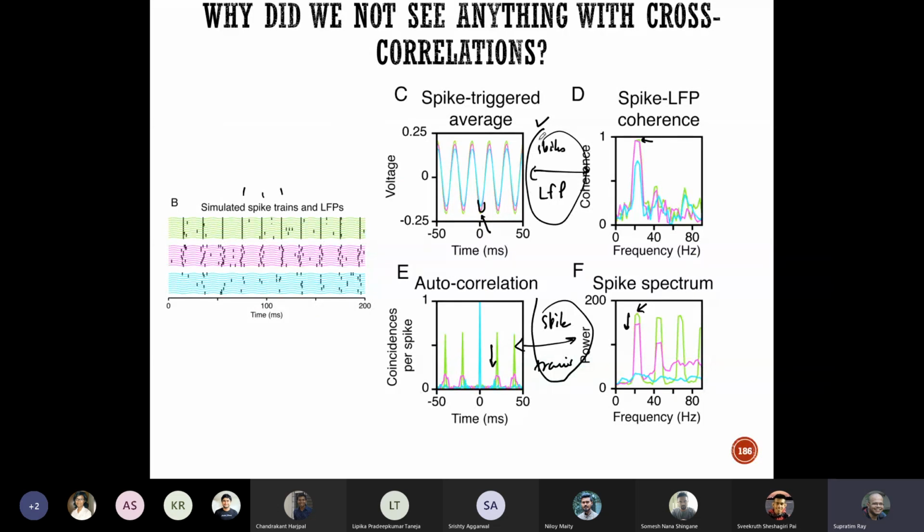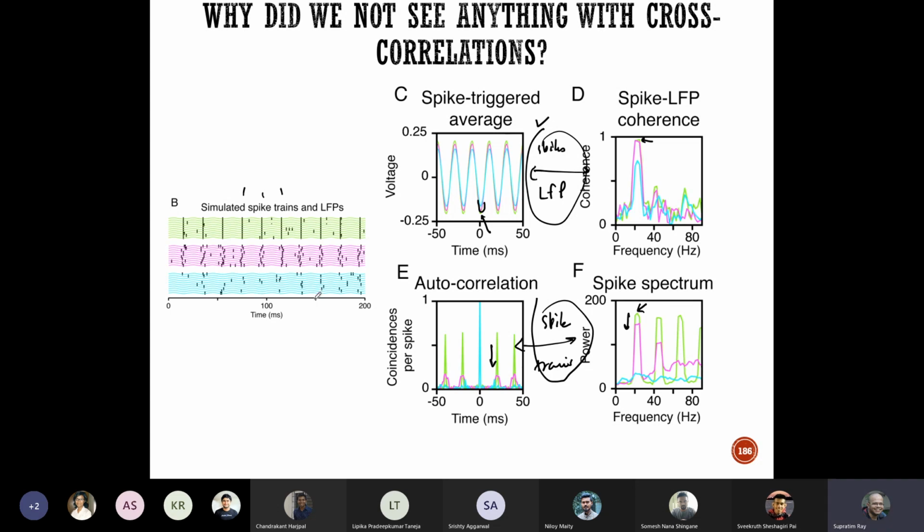Now, for any spike LFP measure, I am looking at what is happening to the spike near the LFP. Because all spikes are occurring near the trough, the spike triggered average actually still captures it. See that? Still there.